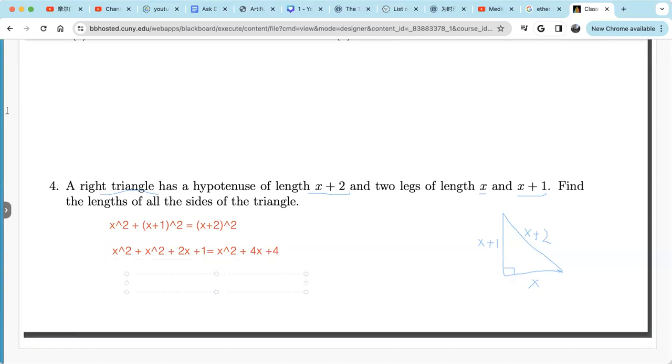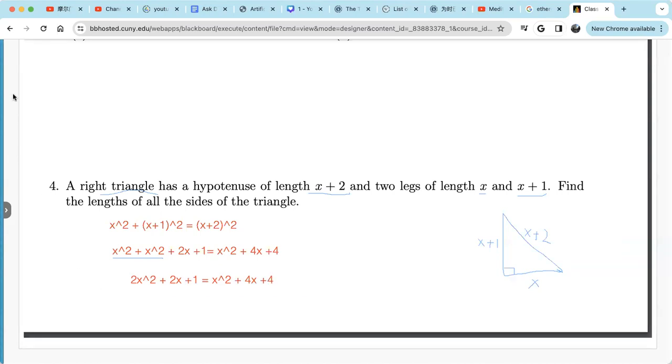Then we combine like terms. So we have 2x squared plus 2x plus 1 equals x squared plus 4x plus 4.